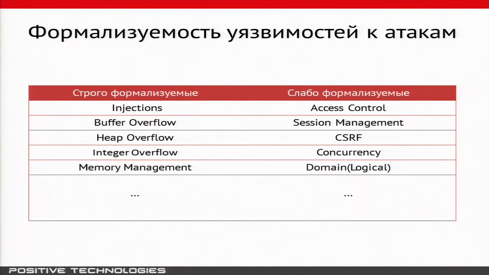So you can hardly formalize, as I told you, because it's unclear what is a vulnerability, what's wrong in the code, what makes it vulnerable. Either we know it, but we cannot check. For instance, access errors are an example.